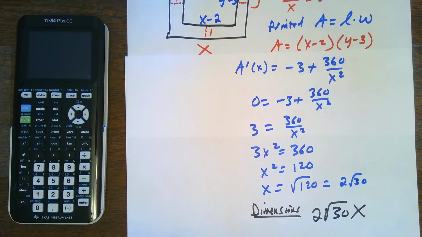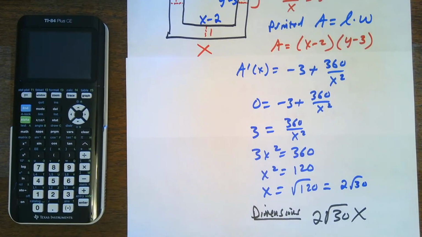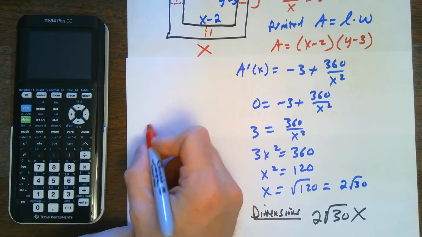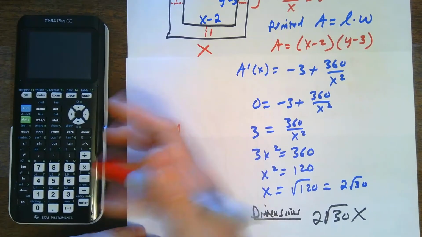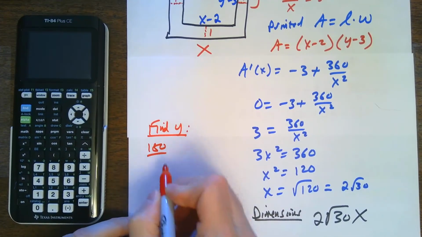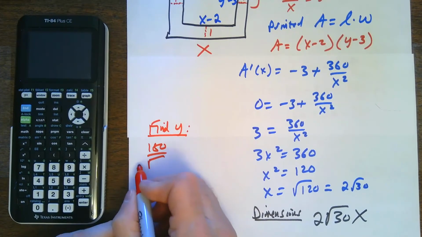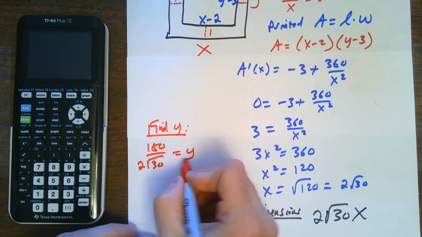I need to find the y value. How do I find the y value? I need to plug this in here. So let's find the y value. 180 over x, which is 2 root 30, equals y.